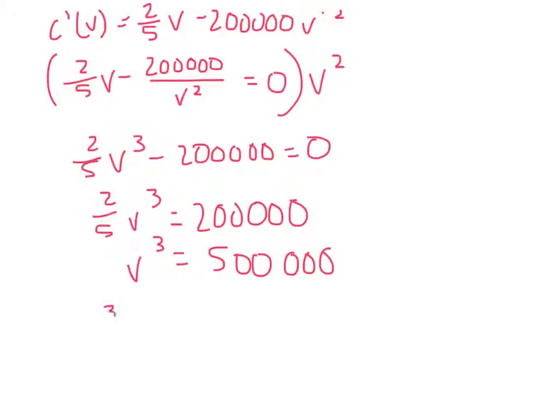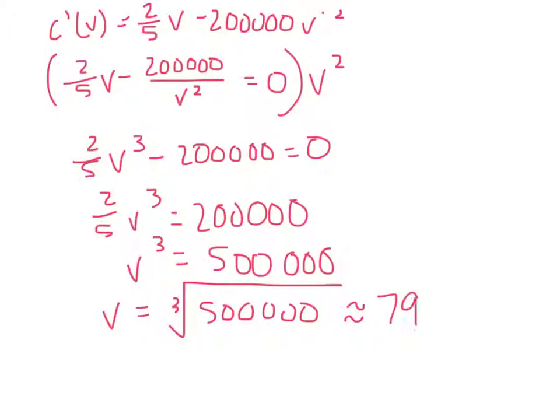And v equals the cube root of 500,000, which is about 79.4 kilometers per hour. So that would be your speed at which the cost is at a minimum. And that is 3.2.